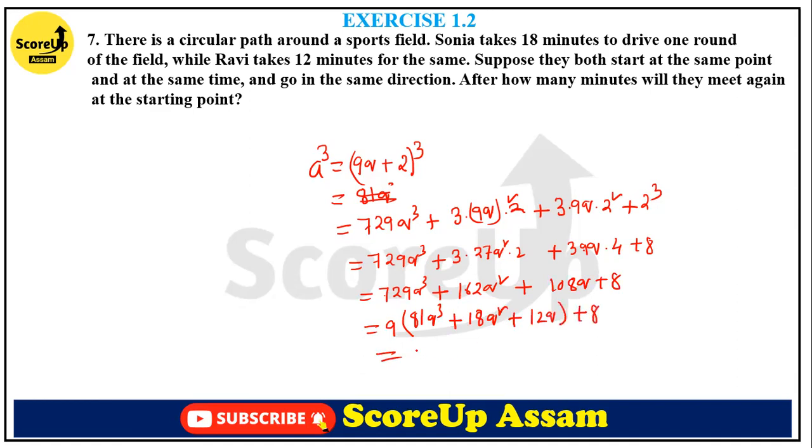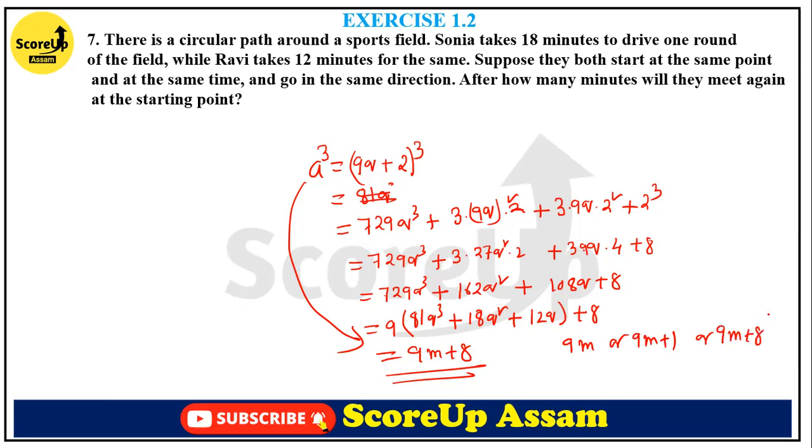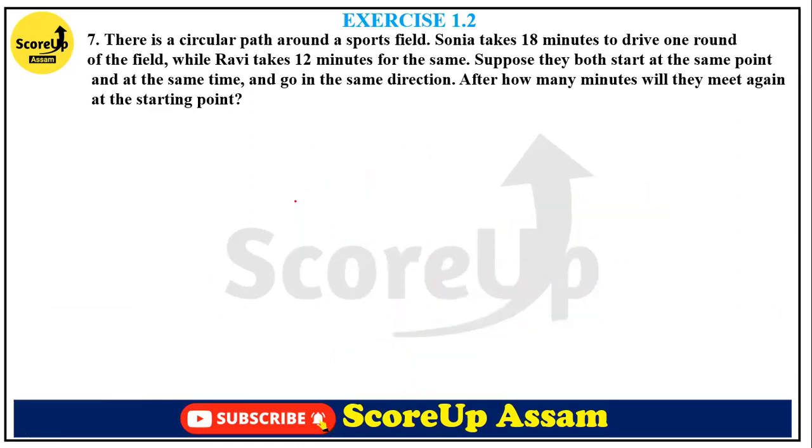So in this case again it will be 9m plus 8, right? It would come in this form. So it will be long. That's why we have taken the value of b equal to 3. Okay, the calculation will be simple. It will be easy. That's why I have taken the value of b equal to 3. If you take the value of b equal to 9, no problem, the calculation will be long. That's it. But it will come in this form. It will always come as either 9m or 9m plus 1 or 9m plus 8, any of these forms. Okay, so that's why we have taken this. Now let me erase all this. Okay, now let's solve this question number 7.